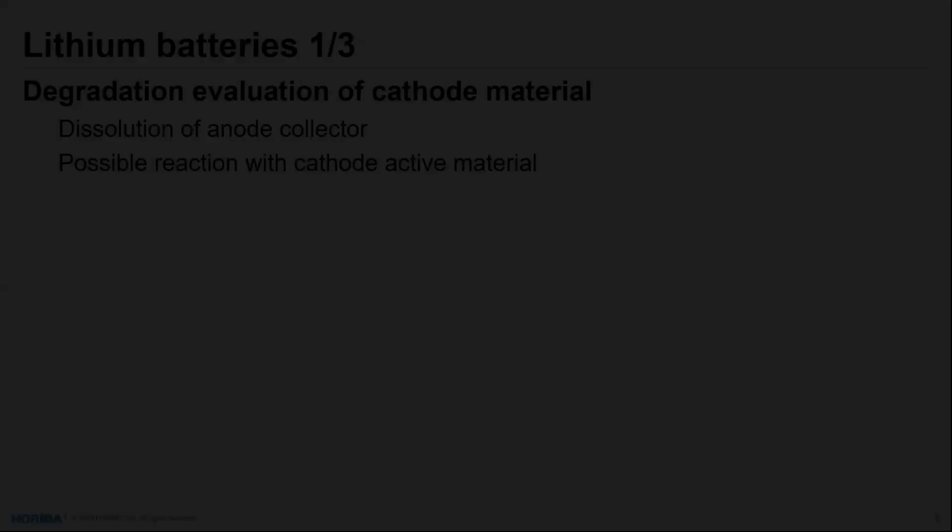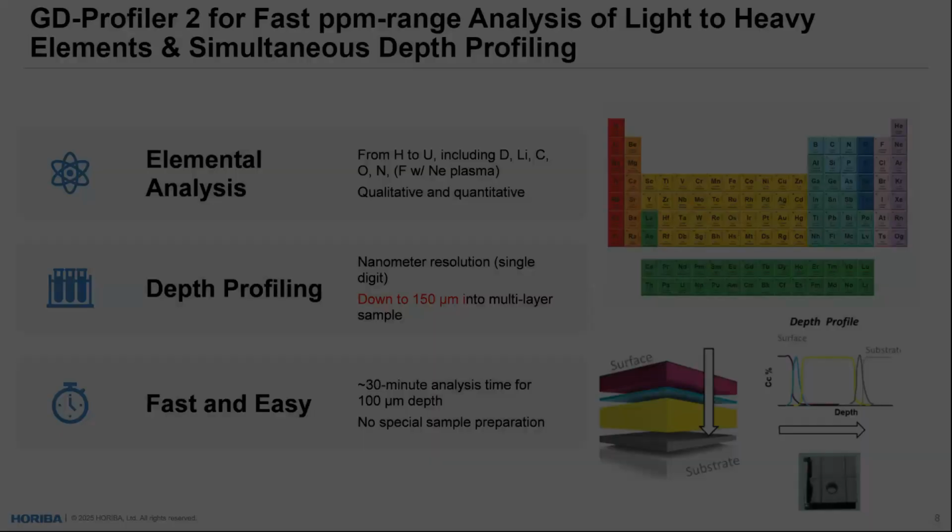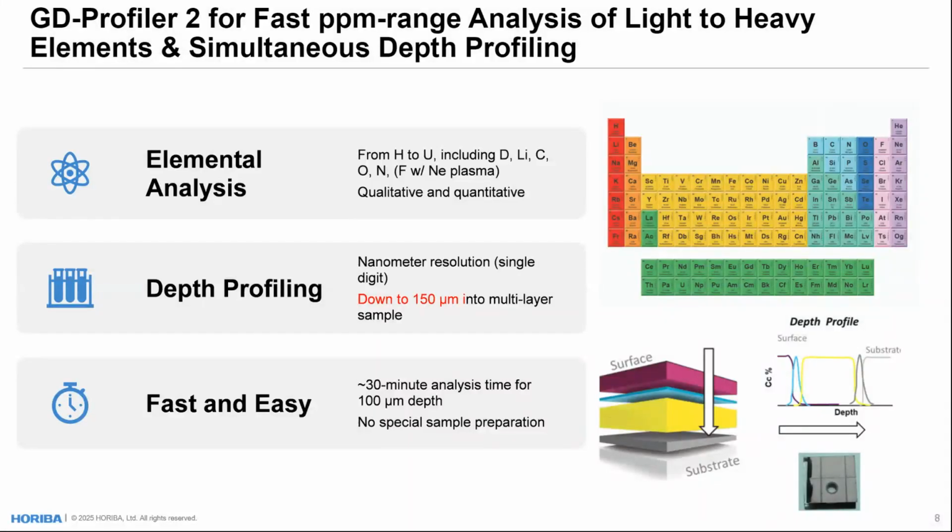Now, why we should use GD-OES for analytical measurement. As you can see, GD-OES can detect all elements in the periodic table from hydrogen all the way to uranium.